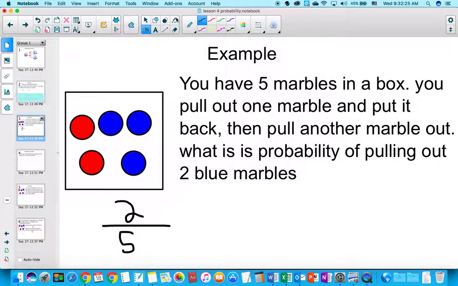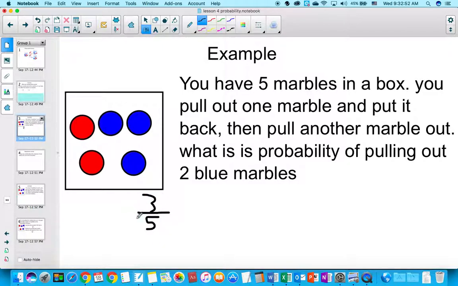No, that is not correct, because you're treating this as though there are only 2 marbles, even though there are 3 of them. And this over 5, yeah, you're correct, there's a total number of outcomes of 5, but there's more than one event. Another mistake someone would make would be to go, oh, 3 blue over 5.